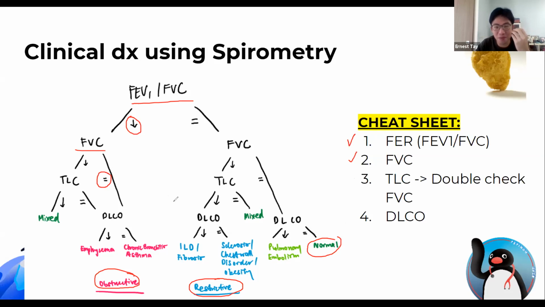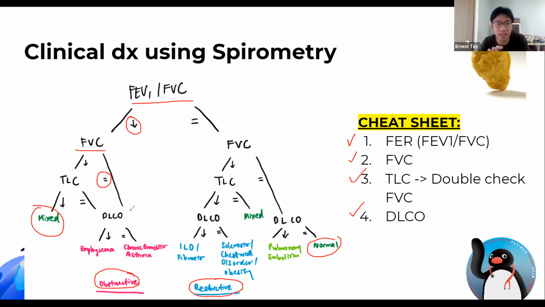It's an obstructive picture. But if the FVC decreases, then maybe there's something wrong with inspiration as well. So it's a kind of mixed picture, right? And then subsequently, I would double check with TLC. Yep. And then I'll also check my DLCO. So you can recall what DLCO is.